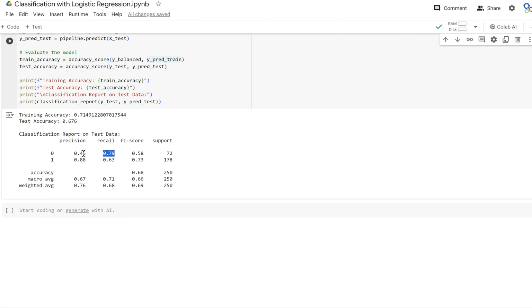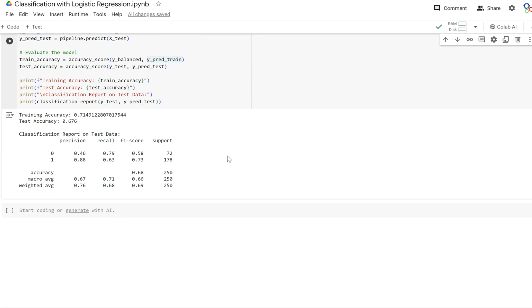But our precision went down, is what you're probably saying. What does that mean? That means that of all of the times that we predicted someone to be bad credit risk, we were right only 46% of the time. How would that be? Well, actually, it's what we're doing: we're predicting more people to be bad credit risk.